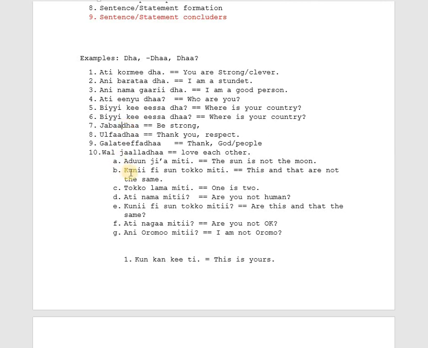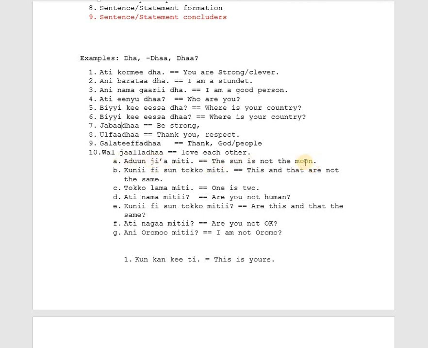Let's go to the next. The other one is mit or miti. Mit or miti has the meaning of, you're going to see it. Adun jia mit. The sun is not the moon.